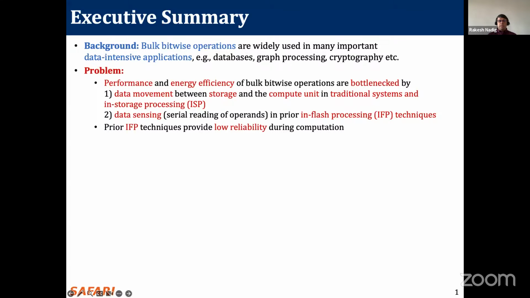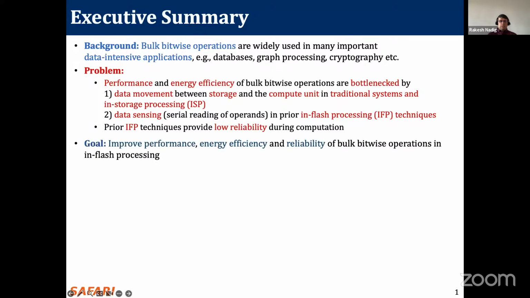Modern NAND flash memory is highly error prone, and it uses a lot of mechanisms to make the flash memory error tolerant. These techniques have to be highly reliable. Some prior approaches are not very reliable, and the applications need to be error tolerant to use these techniques. So our goal is to improve the performance, energy efficiency, and reliability of bulk bitwise operations in flash processing.